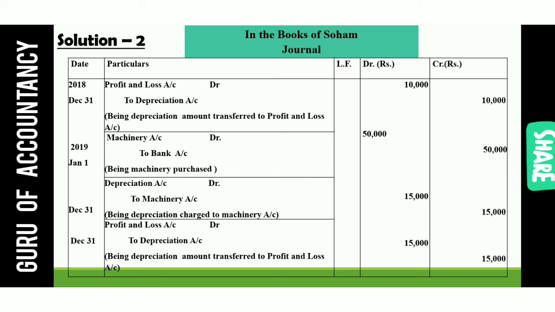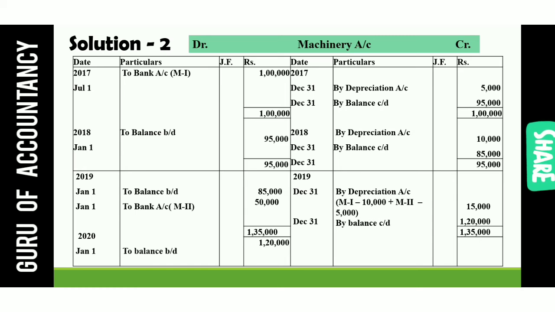So total depreciation of both is 15,000. On last day, depreciation account will be closed and will be transferred to profit and loss account. So profit and loss account debit to depreciation. So in this way, journal entries would be passed.